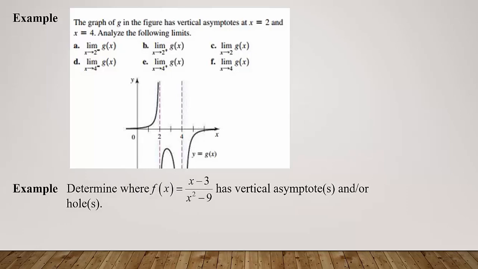In this example, I'm giving you a function f of x equals x minus 3 over x squared minus 9. Let's determine where this function would have a vertical asymptote and where it would have a hole. Write this example into your notes because I'm heading off to the chalkboard to work through it.